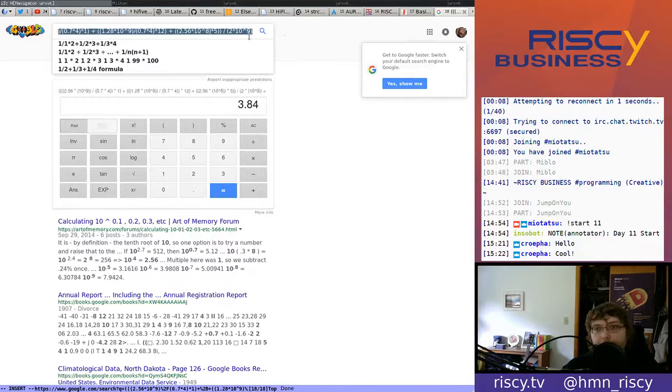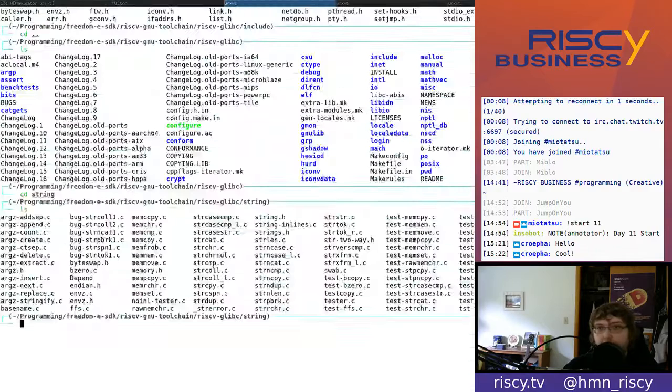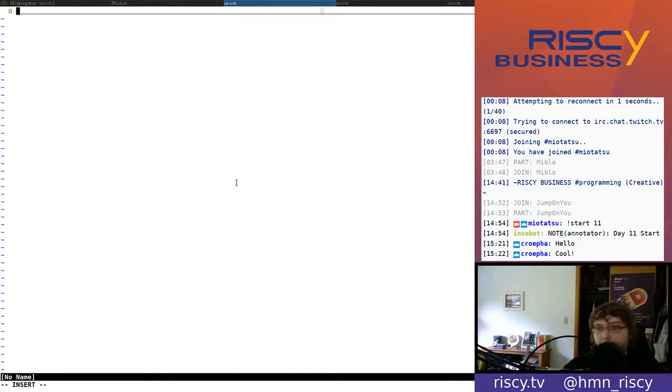I want to see how many characters this is, because this is a really long computation that we're doing, and I'm thinking about it for my own pcalc program. I have a limit on the size of an input, so I just want to see how big this is. Oh, it's only 81 characters, so a really long expression is definitely within range. Right now I have it set to 255 max, but I have it configurable.